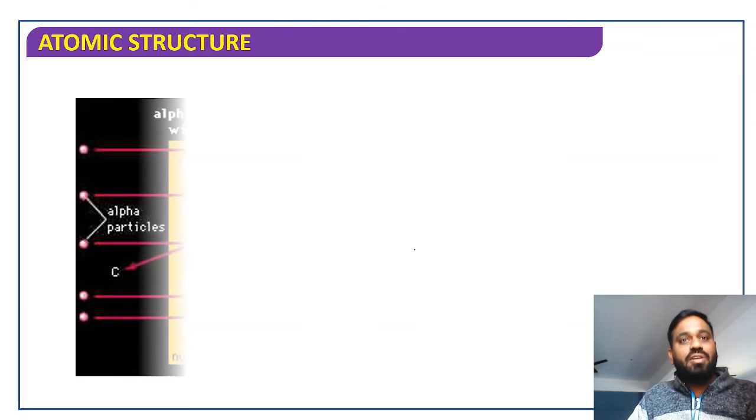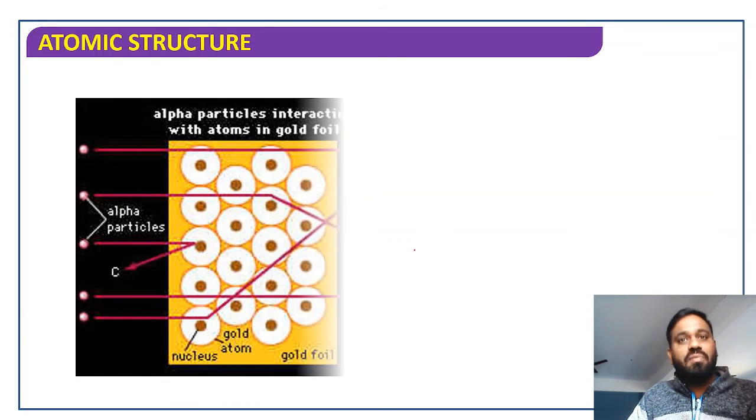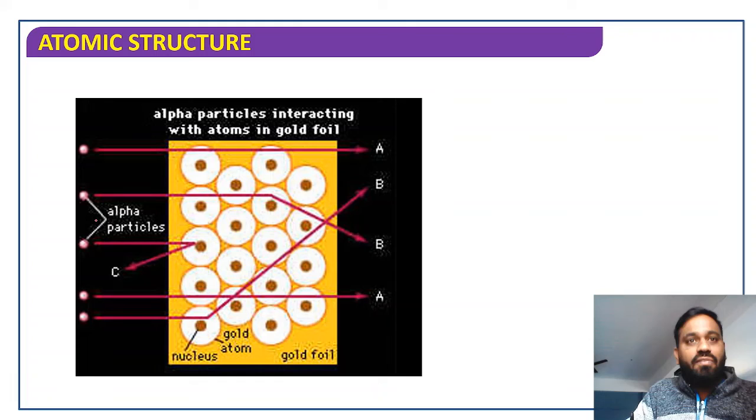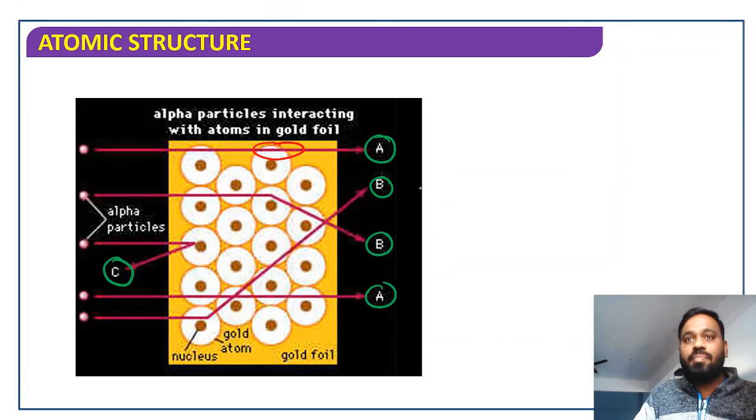Now the very important thing is, what happened inside the gold foil? Look here: when alpha particles are passed, most of them pass without any deflection, but one of the alpha particles is bounced back, and some are scattered at some angle.